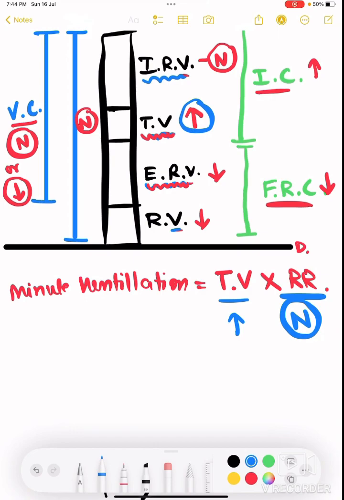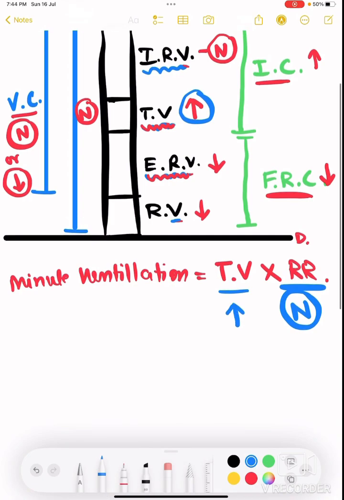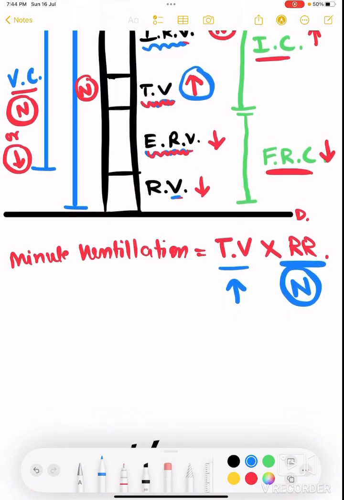They mark respiratory rate as increased because they think that the total lung capacity decreases, that's why respiratory rate will increase. Very wrong. This is not like heart rate, where blood is less so rate will increase. Respiratory rate is normal. So if tidal volume is increasing and respiratory rate is normal, minute ventilation will increase. Very easy.